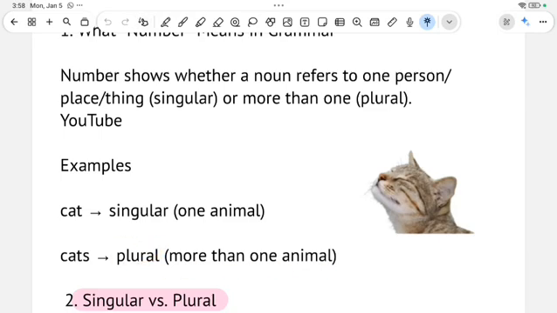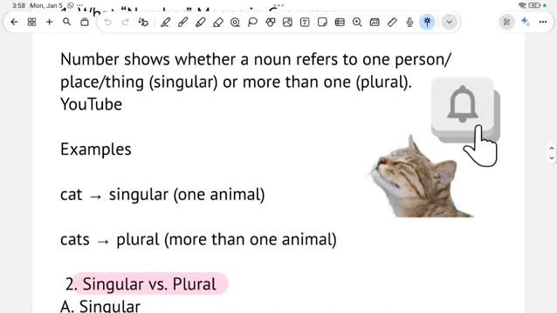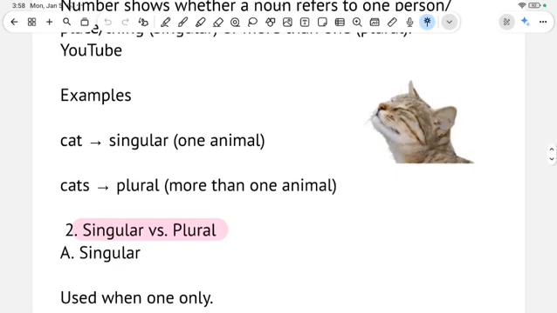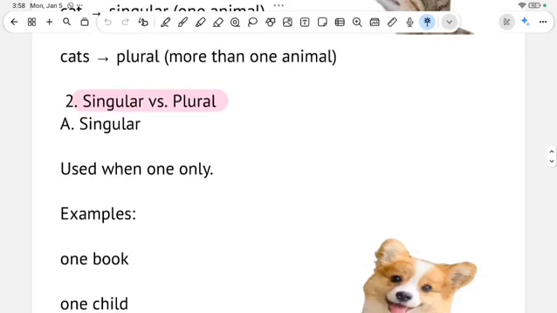So basically we are going to understand the rules that you have to keep in your mind while speaking in English or while writing in English. Now let's move towards its second rule, that is singular versus plural. First is singular, used when there is only one, as I have told you earlier in our rule number one.